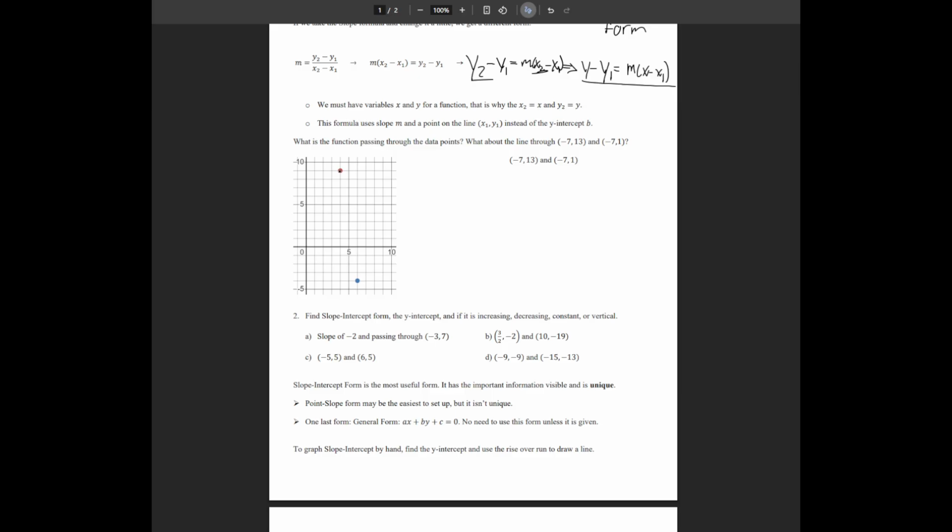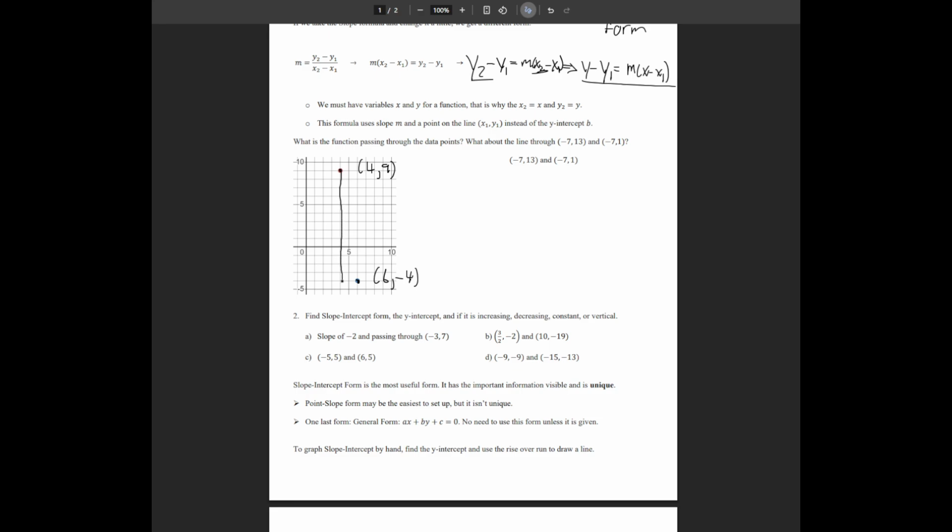So if we're given these 2 points right here, say a point at 1, 2, 3, 4, 9, so 4 comma 9. And another point at 6, negative 4. If we want to find the slope between these 2 points, we can just see how far we go up or down.